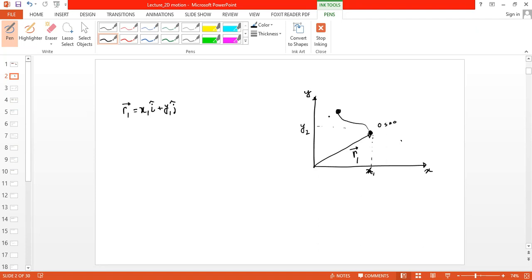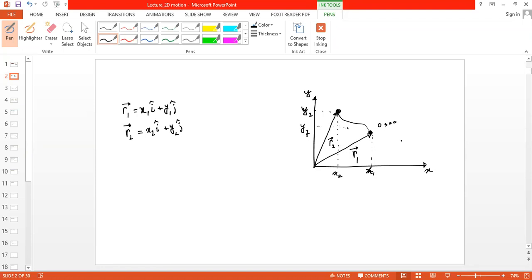The position vector for this point is R2. The x component of R2 is x2 and the y component of R2 is y2, so R2 can be written as x2 i plus y2 j.